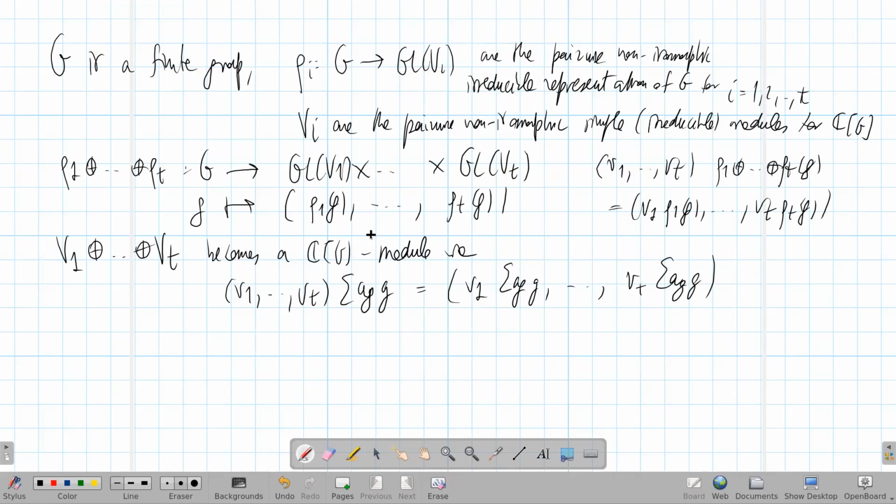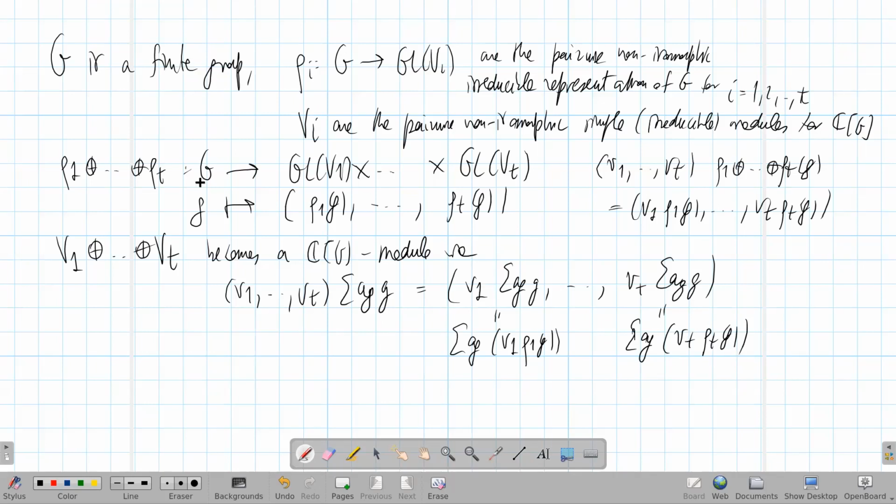Here we have lost track of rho_1, ..., rho_T, but of course this action is nothing else than the sum over g of a_g v_1 with rho_1 of g. These are written in the same way, but one means that when v_1 is an element of the vector space V_1, the action is via rho_1, and likewise for V_T with rho_T of g. Okay, so the two are equivalent.